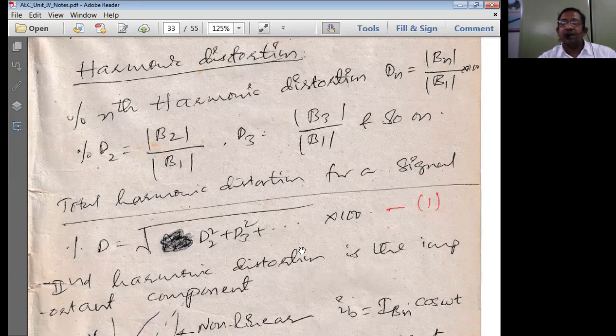That is the reason why we applied Fourier series to the rectified output when we were discussing the rectifiers chapter. Because the p-n junction diode is a non-linear device, it produces a number of harmonics in the output. That is why we represented the output of the rectifier using the Fourier series equation. So that is the basic thing over here.